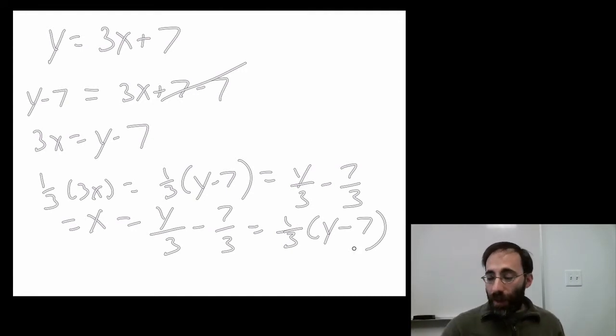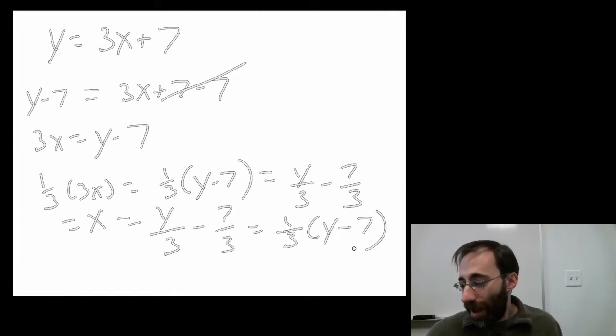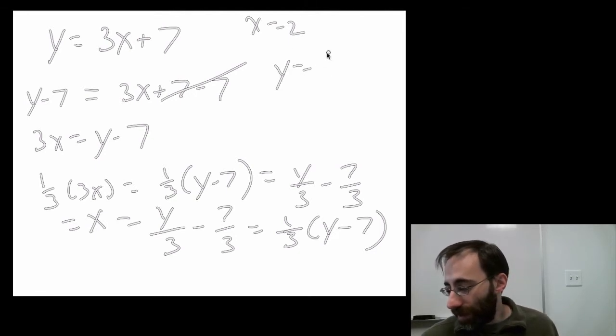And we're done. The y here has no role. It doesn't matter that it's a y or a number. You can do all this as arithmetic with only numbers or as algebra with variables. It does not matter, right? If I had numbers for everything, it'd be really easy, right? I would say if x equals 2, I could find y. Well, I could plug in 2 and get y equals 6 plus 7 equals 13.